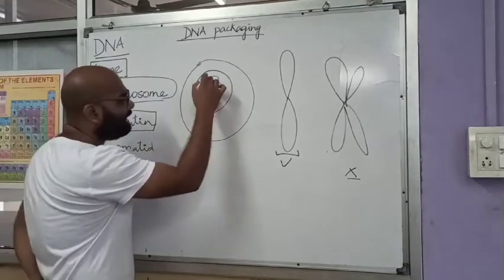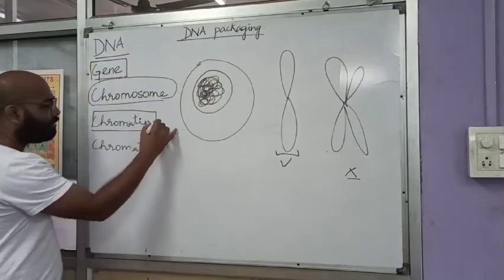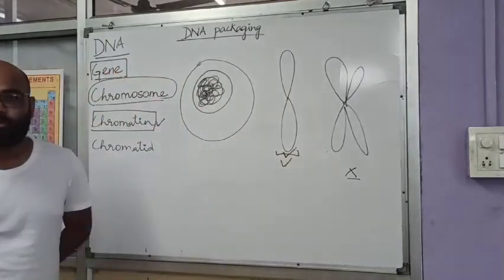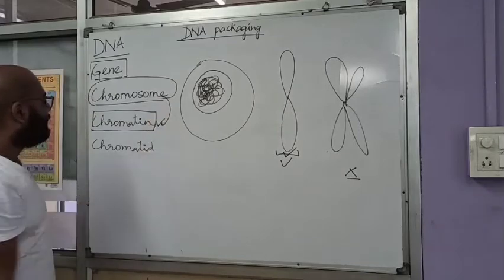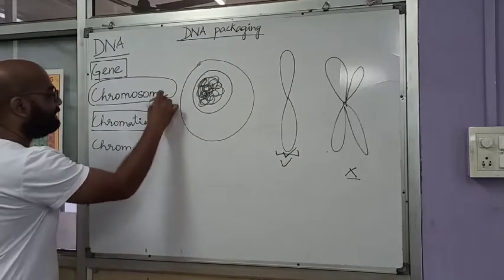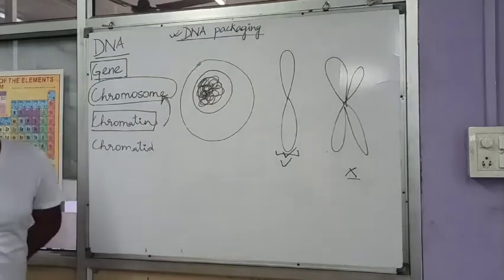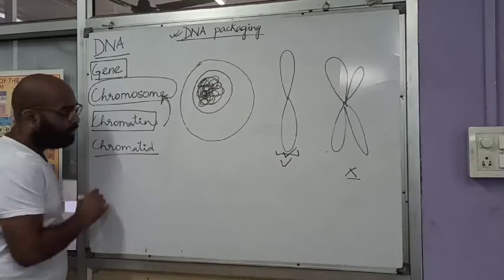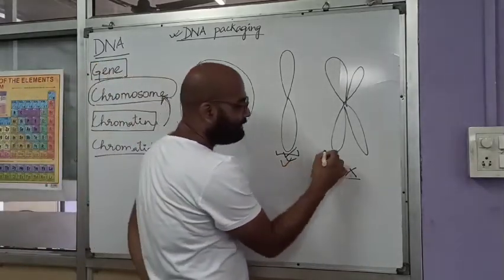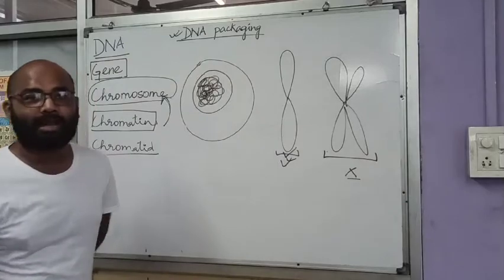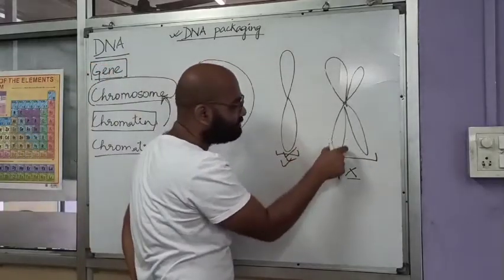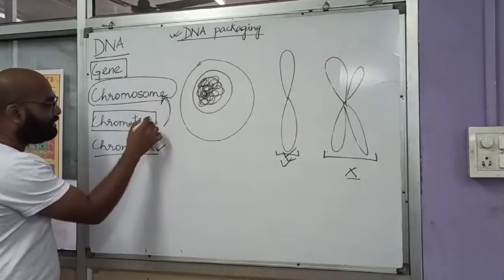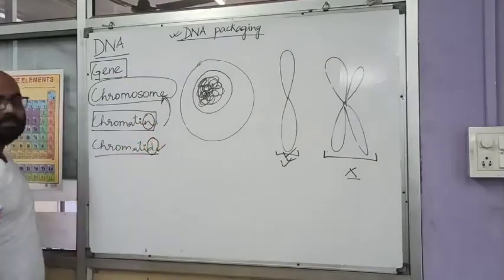The same genetic material, my chromatin, arranges to give the appearance of a chromosome, and this is what we are going to study under the headline of DNA packaging. When the chromosome appears in this shape in the metaphase, we call these individual structures chromatids. So don't make the mistake between chromatin and chromatid.